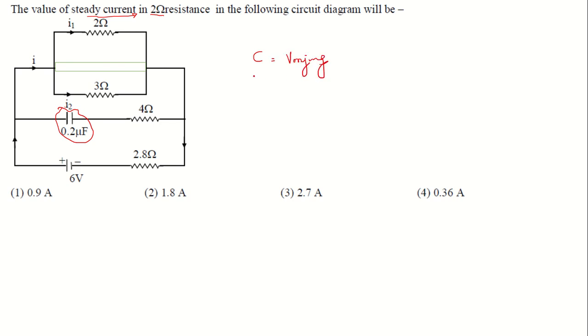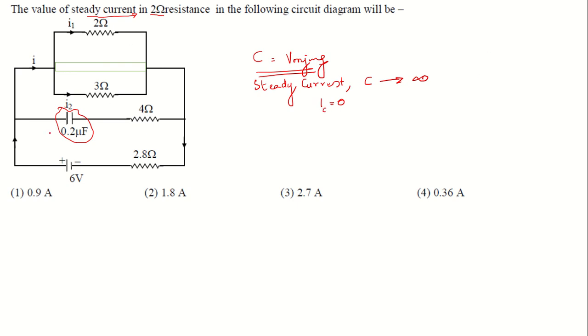That is a very important concept. So for steady current, the capacitor offers an infinite resistance, and hence the current flowing through it becomes zero. So that is a concept we have to use.